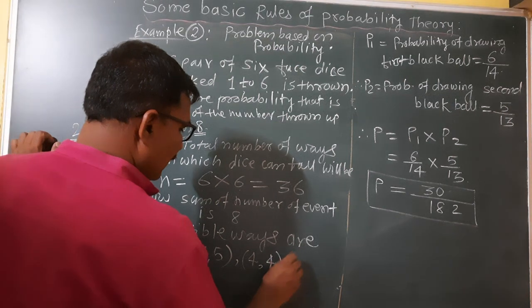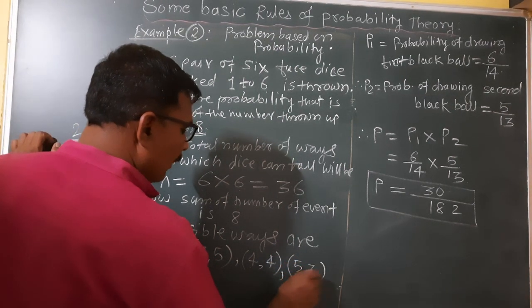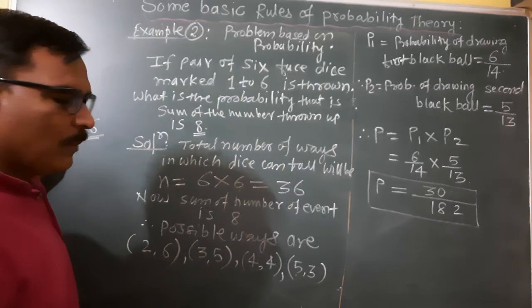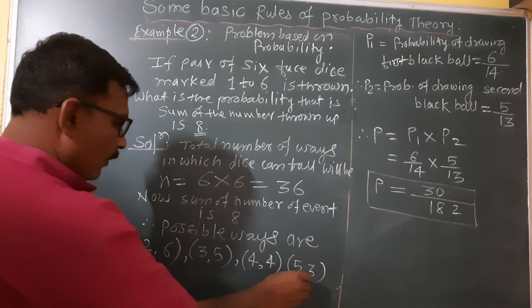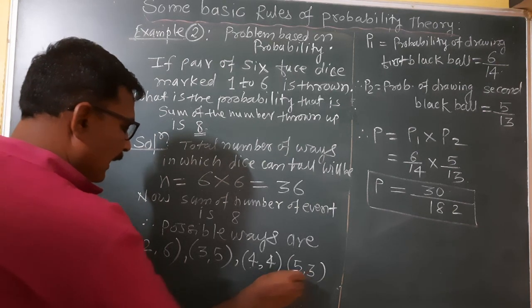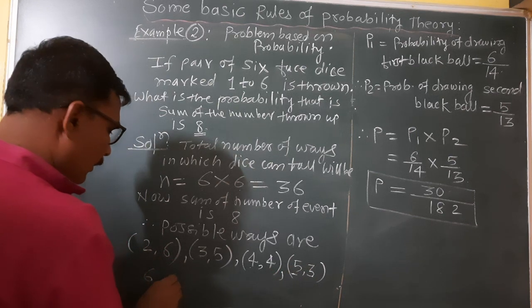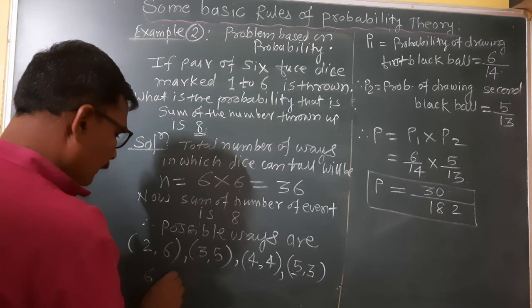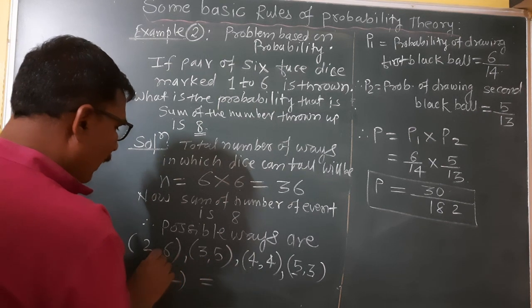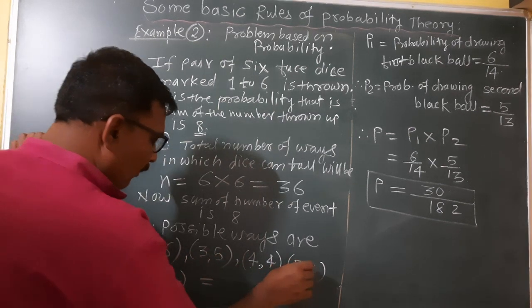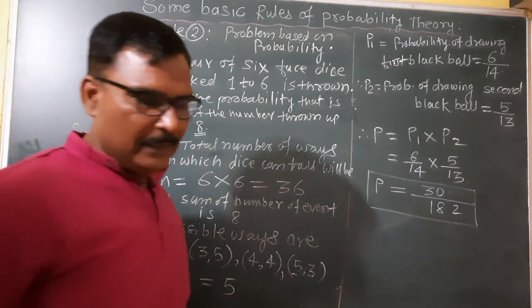Next one is, first gets 5 and second gets 3, 5 plus 3, that is 8. And the next one is, the first gets 6 and the next gets 2. So the number of ways is 1, 2, 3, 4 and 5. The number of ways considered here is 5.